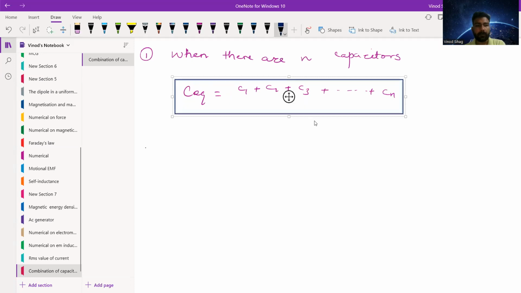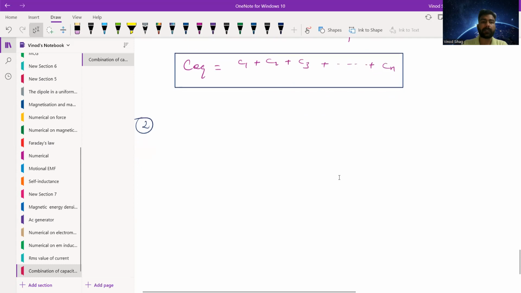Now let's take the example where identical capacitors are joined in parallel connection. Then what will be the equivalent capacitance?